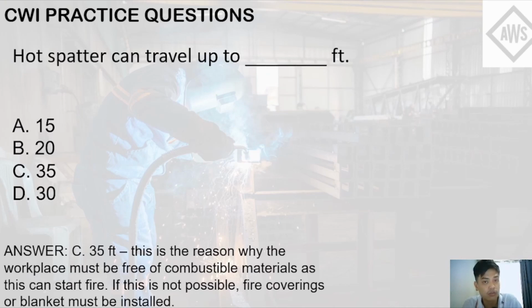A fire watch can also be assigned at site to have a continuous stream of water and basically be on watch for those hot spatter being spread throughout the workplace.